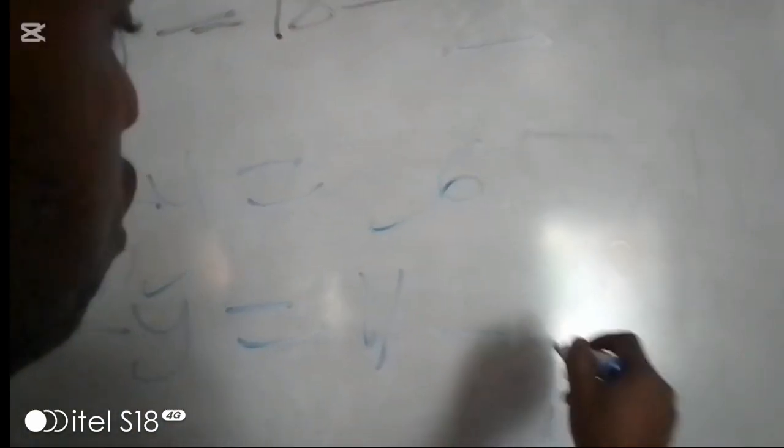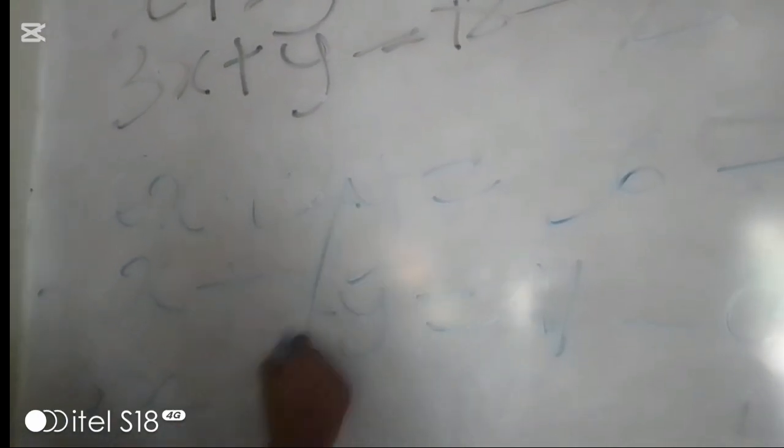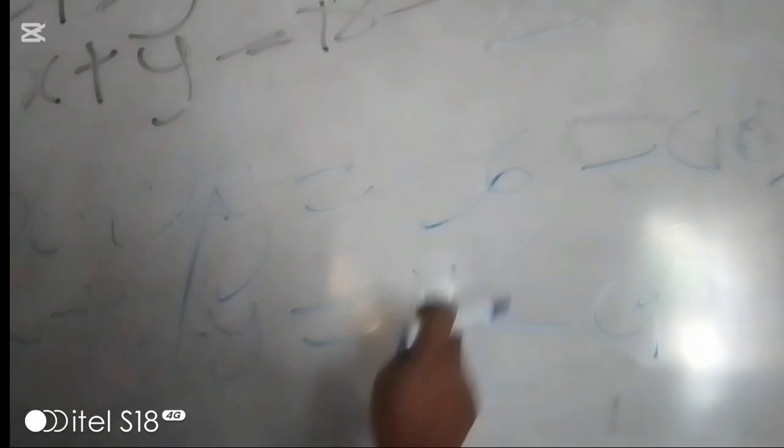Let's name this one equation 9, and then this one equation 10. You subtract equation 9 from equation 10. 6x minus x becomes 5x. 2y minus 2y, they cancel. 36 minus 11 is what? 25.